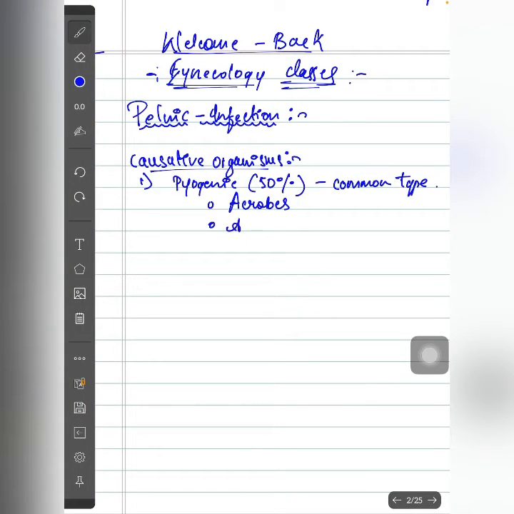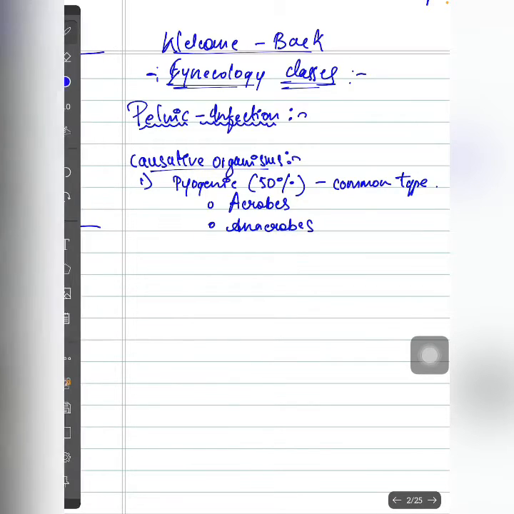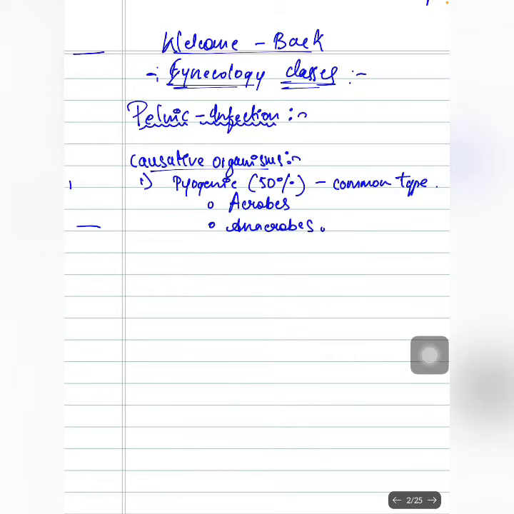In aerobes you will see Staphylococcus, Klebsiella, gonorrhea, etc. In anaerobes you will see anaerobic Streptococcus and Clostridium, C. tetani, etc.